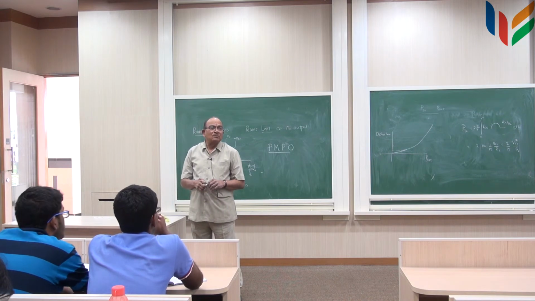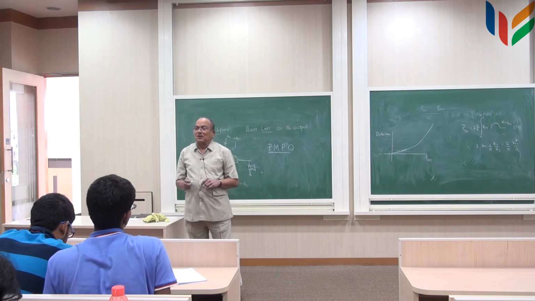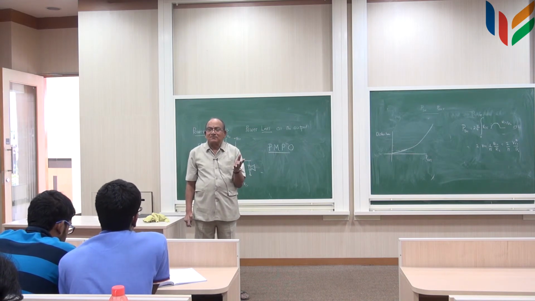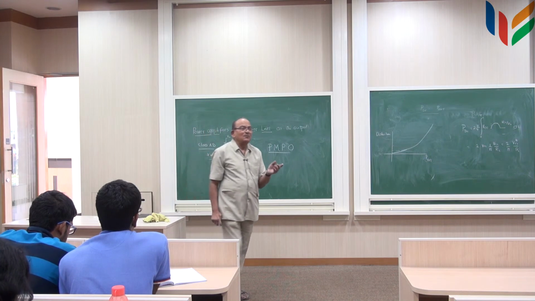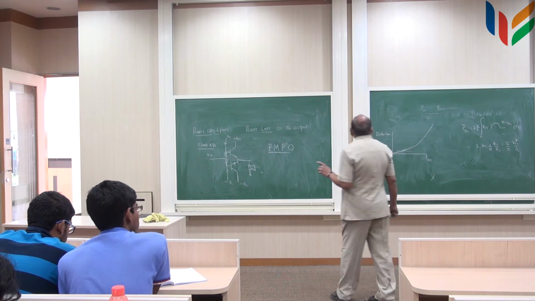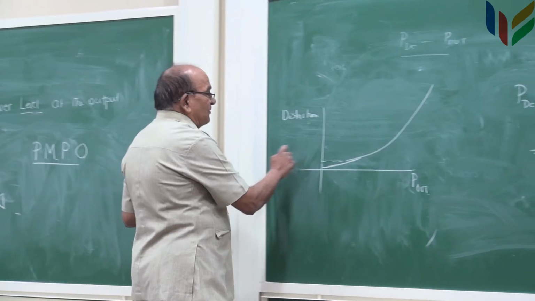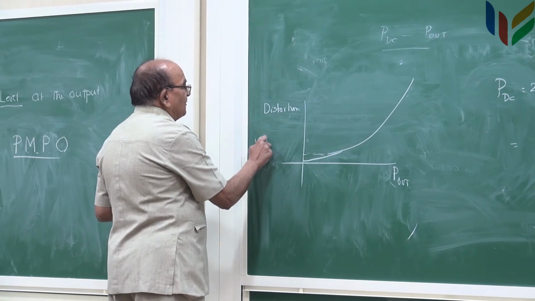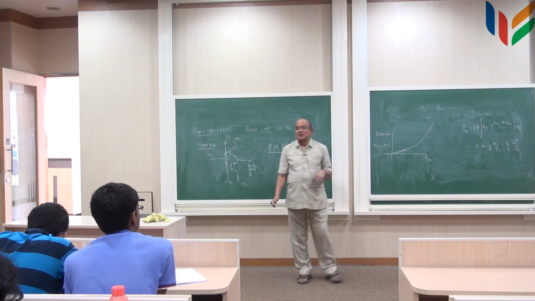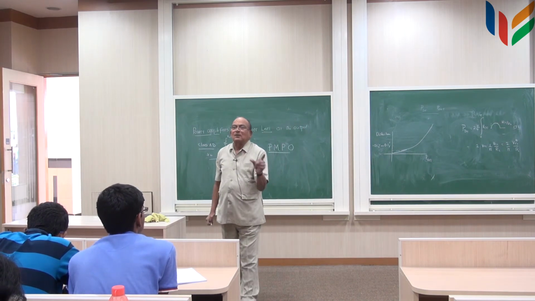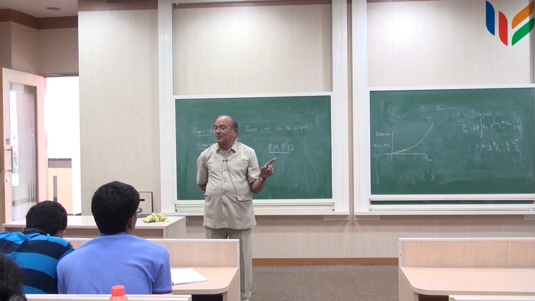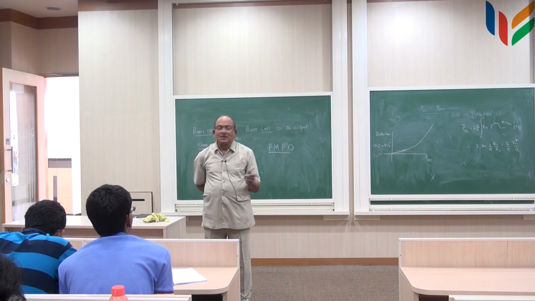Now, as a music buff, you would like to say that I do not tolerate any distortion more than 0.1%, 1%, 10%, it depends upon how bad or how good your ears are. But typically, the specification is that this distortion should be somewhere between 0.01% to 0.1%. No amplifier can be called a good audio amplifier if the distortion percentage is greater than 0.1%.